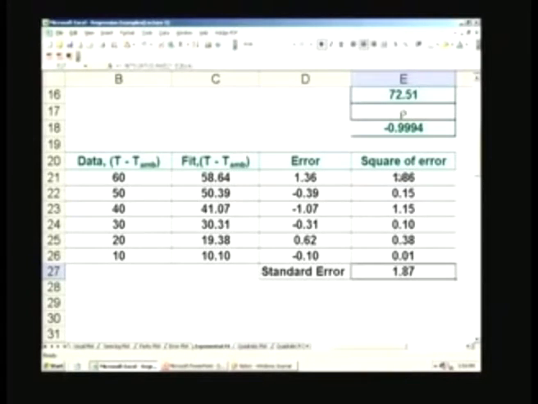E21 to E26, these are the values I am adding, and then dividing by 4, because the number of degrees of freedom is n, the number of points 1, 2, 3, 4, 5, 6, minus the number of parameters 2, that is going to become 4. So, this is the standard error expected in the calculation.